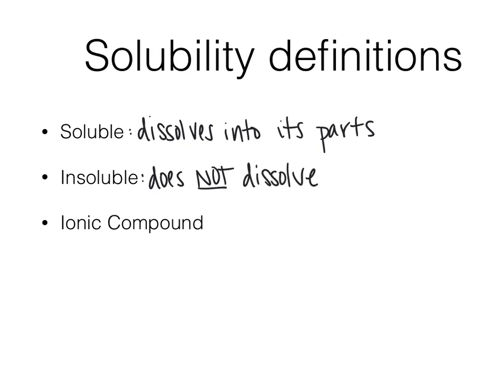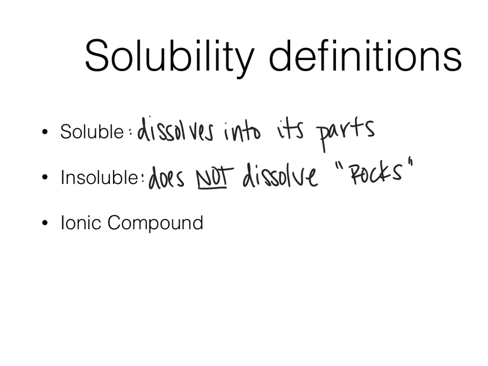I like to think of these as tiny rocks. These are things that you should be able to visually see with your eyeballs, and they do not dissolve into the components. Those are the two things. For the purposes of Gen Chem 1, we tend to only have soluble or insoluble. In Gen Chem 2, you'll study what it means for stuff to be partially soluble.